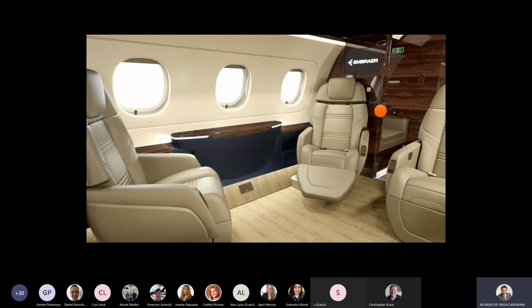Well, I think all of you have had the experience of flying on an airliner, and you know that seats close to the emergency exits on airliners have some limitations. They cannot recline, they cannot move, because in case something happens, the access to that emergency exit has to be easy. The same thing happens in business aviation.